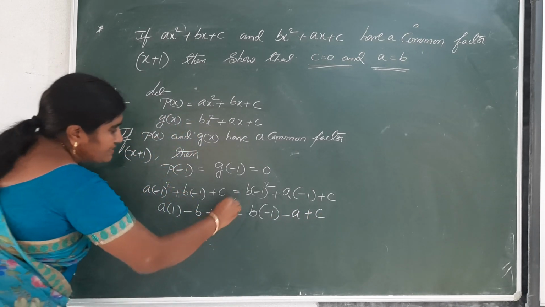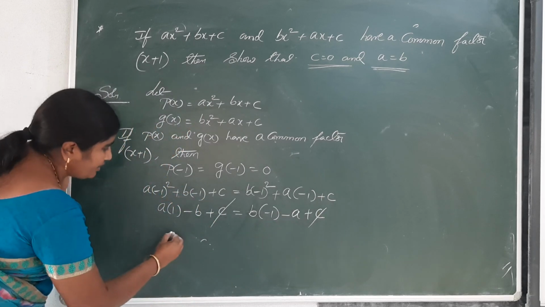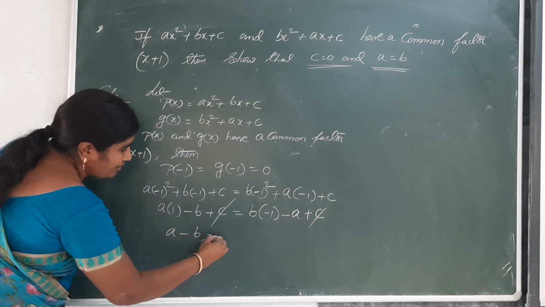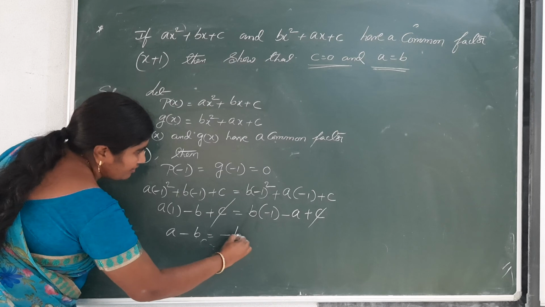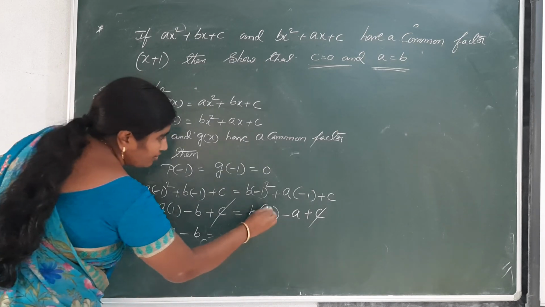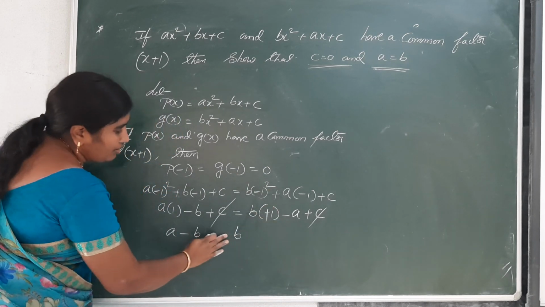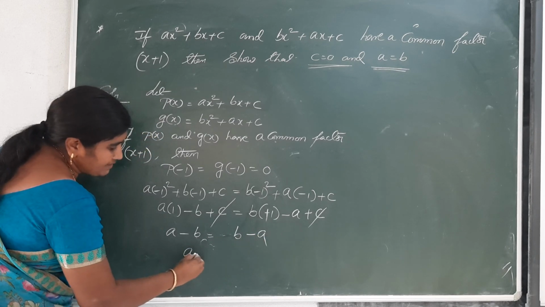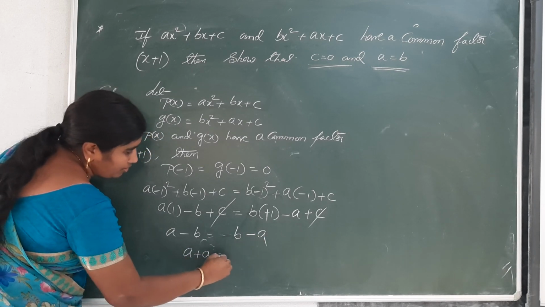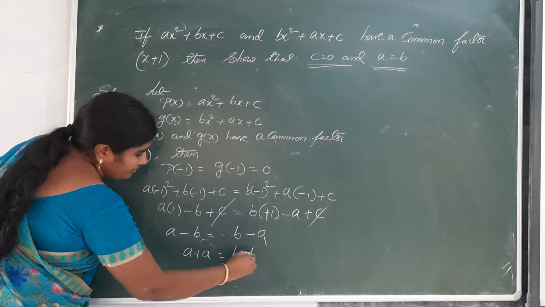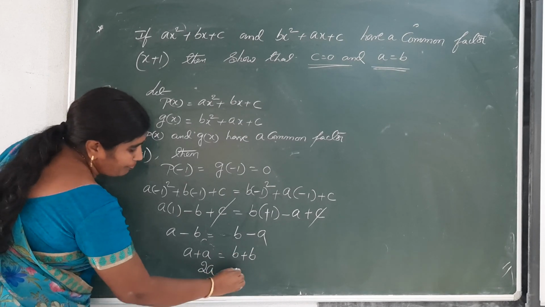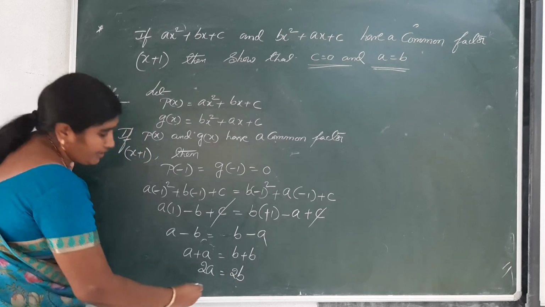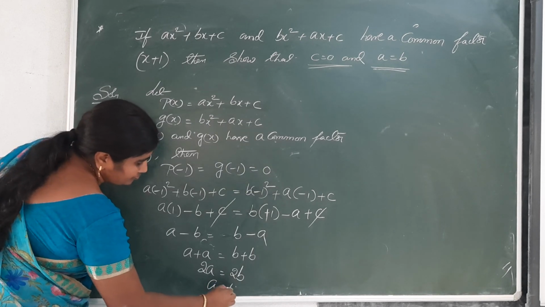Both sides plus c cancel, a minus b equal to b minus a. Then a plus a equal to b plus b, 2a equal to 2b, we get a equal to b.